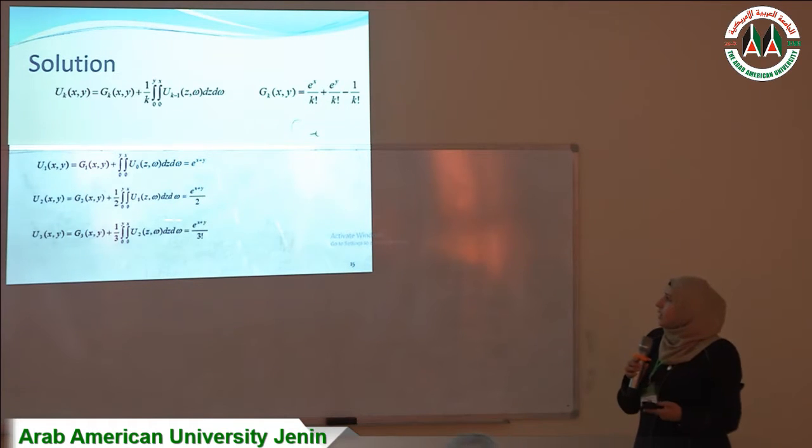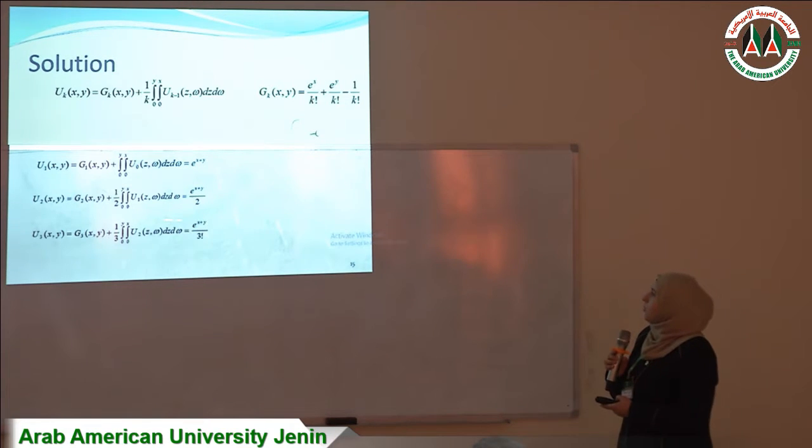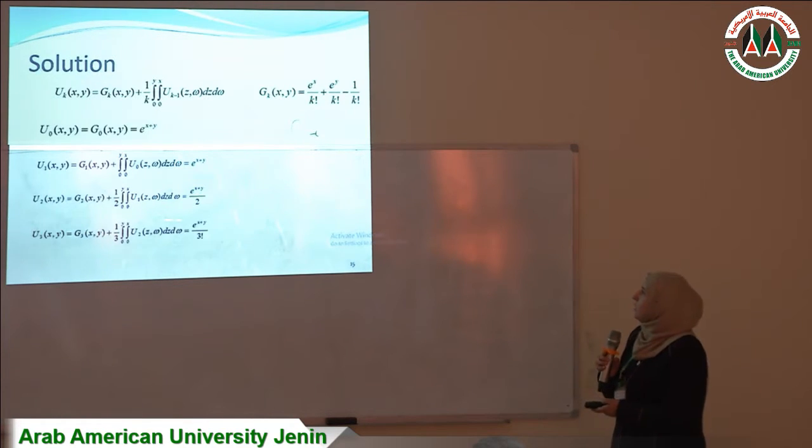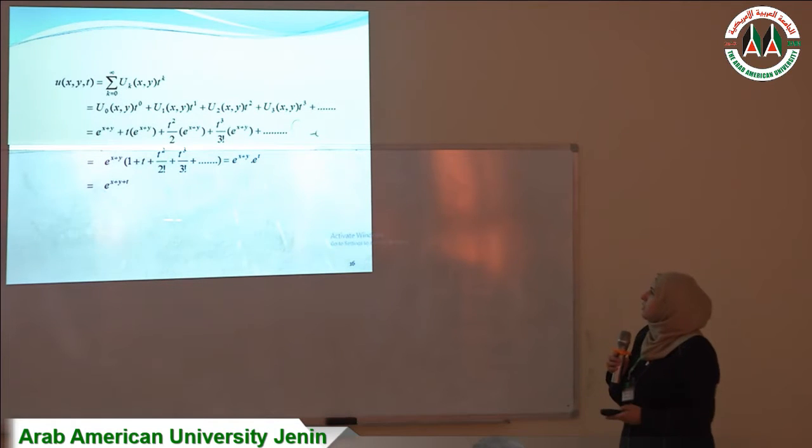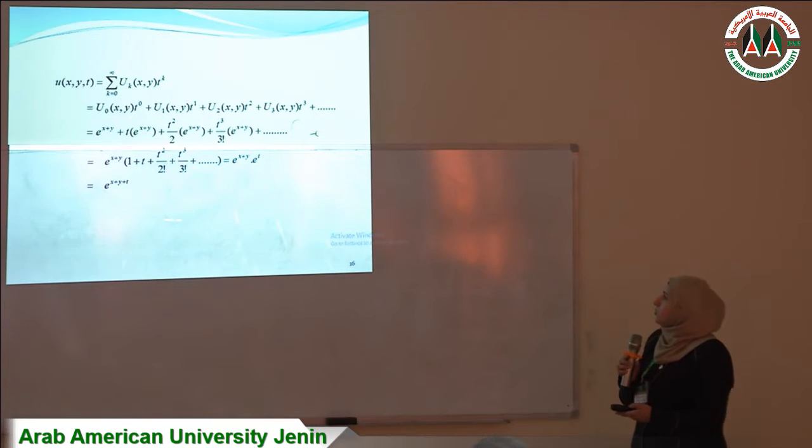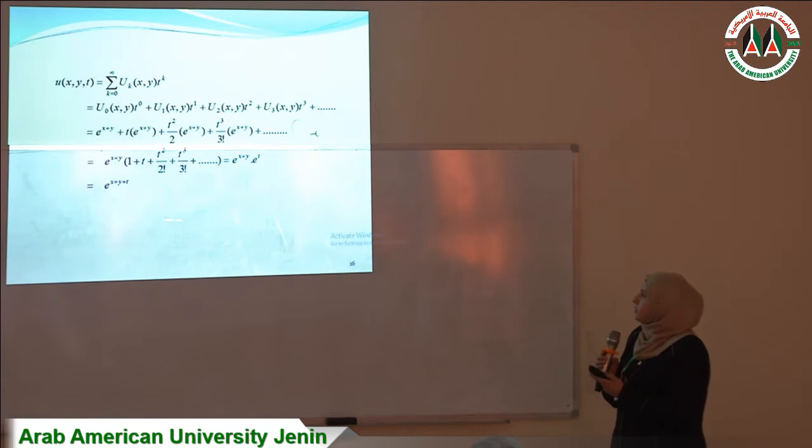Now take k equal 0, 1, 2, 3, and so on. We can use these values to write the solution as an infinite series, which is a Taylor series of the exact solution around the value t.